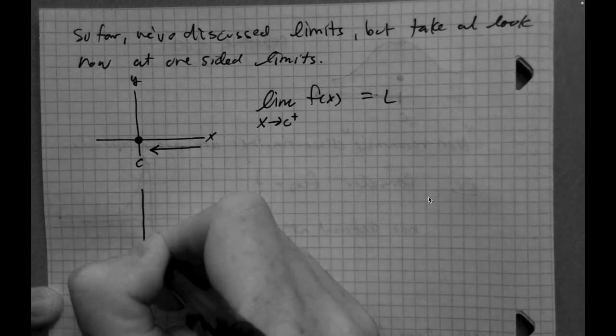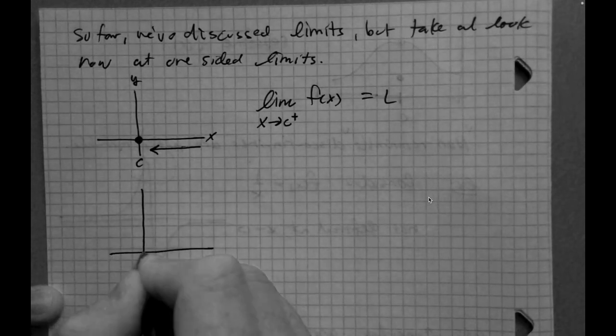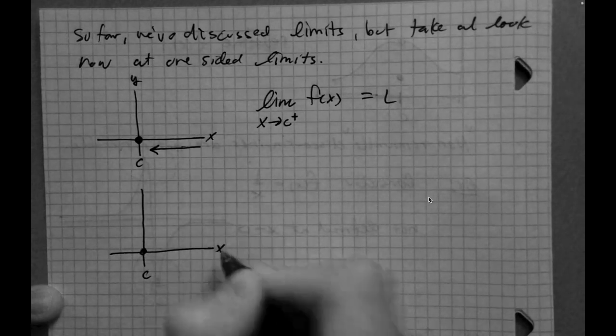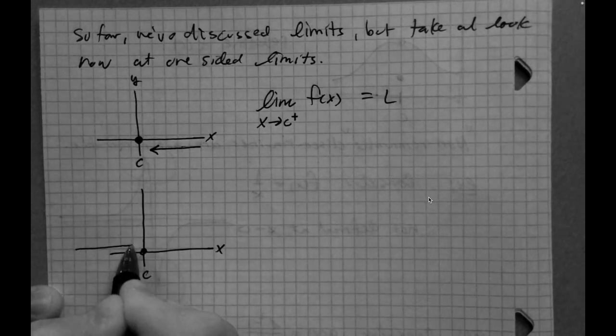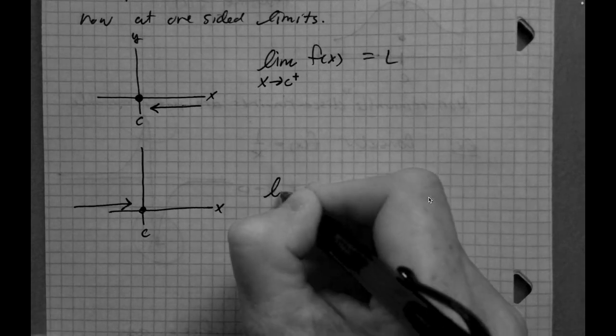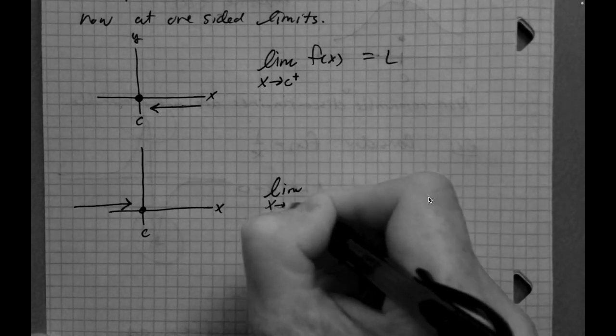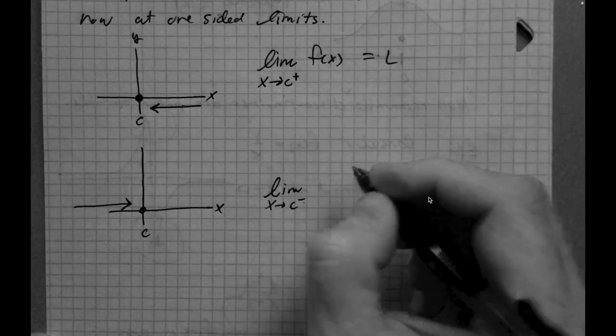Now you could also have a similar situation where you've got your c and you're approaching it from the opposite direction, and that we would call a left-hand limit. The limit as x approaches c from the left-hand side, or the negative side.